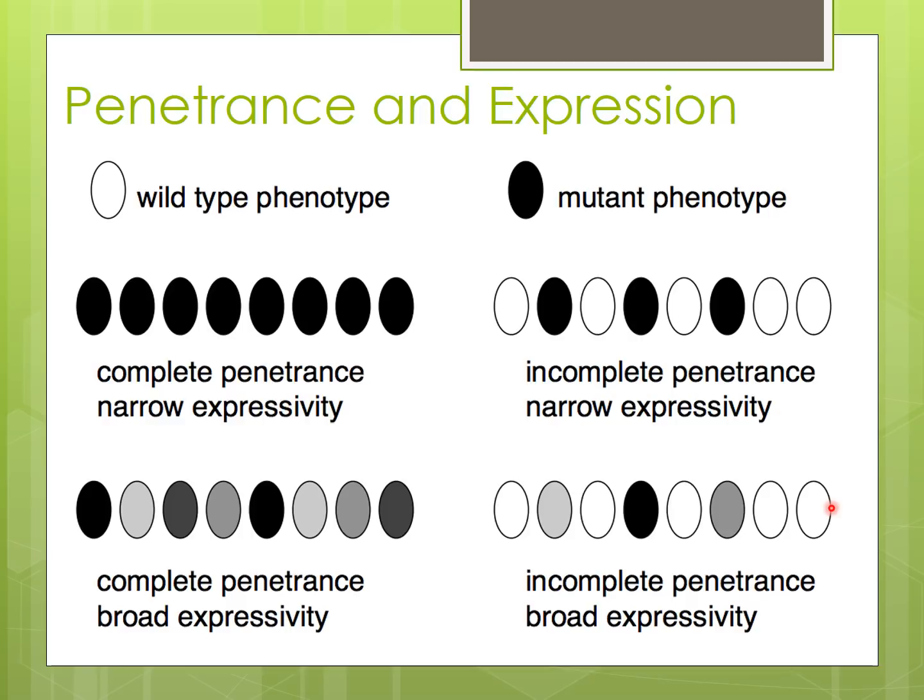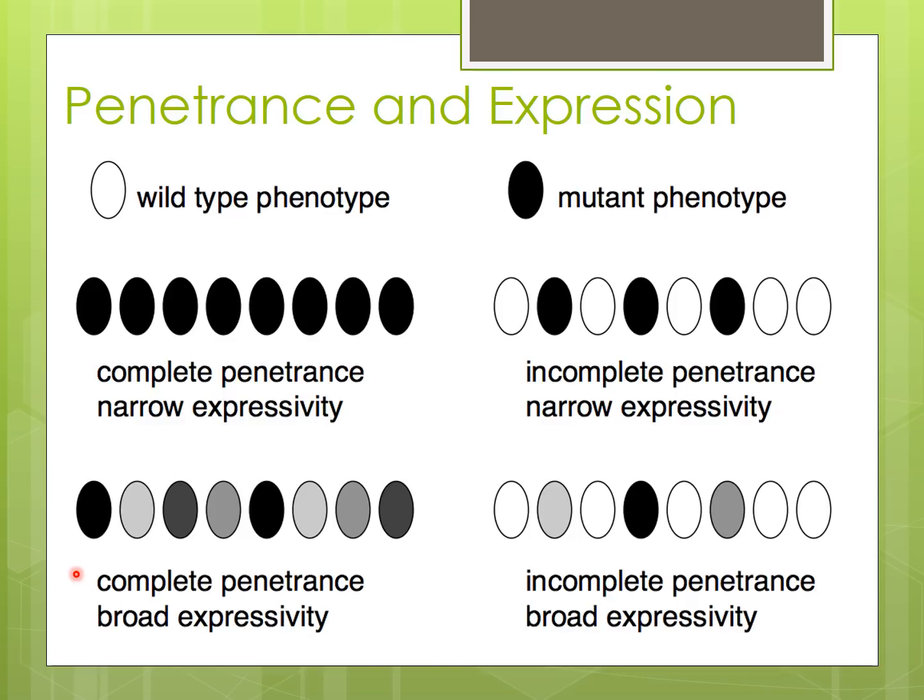Now, to contrast the top to the bottom, we have a broad expressivity. What this means is we have different shades of how much the disease is affecting them. This is kind of like the dimmer switch, right? There's a range at which the disease state could be shown in that individual. So the top was on-off, a switch on and off. The bottom, in the broad expressivity, is a dimmer switch.